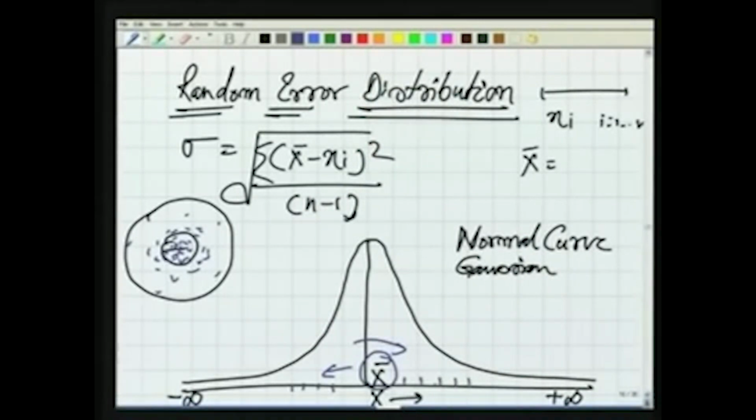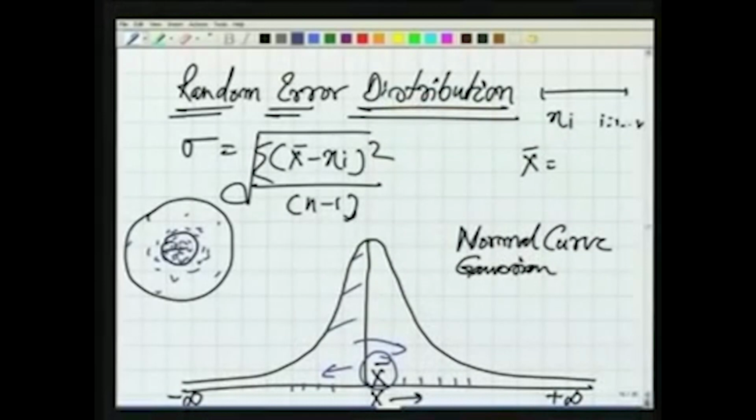So, what we see is that our observations or our errors are equally distributed on both the positive and negative side. The chances of getting a negative error and a positive error are the same.